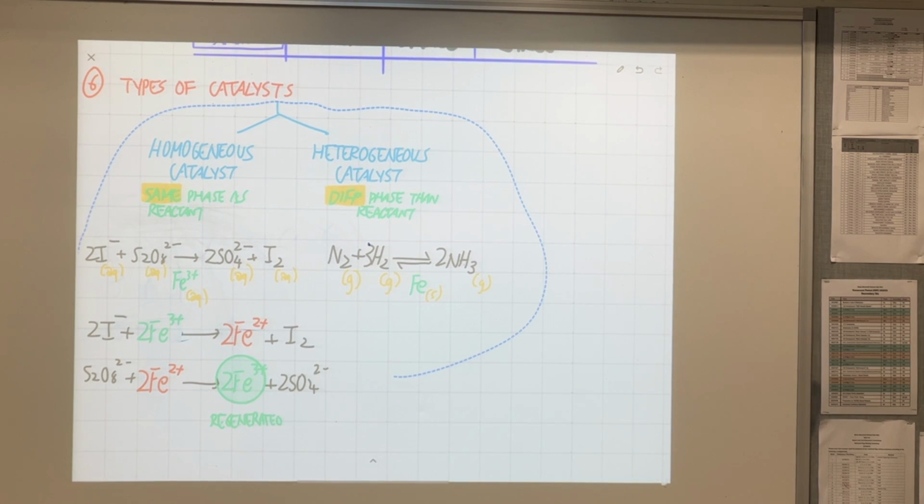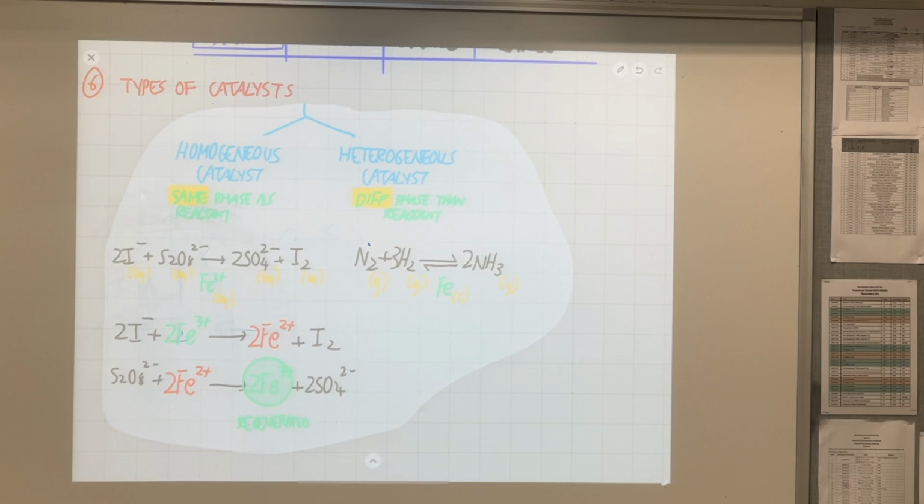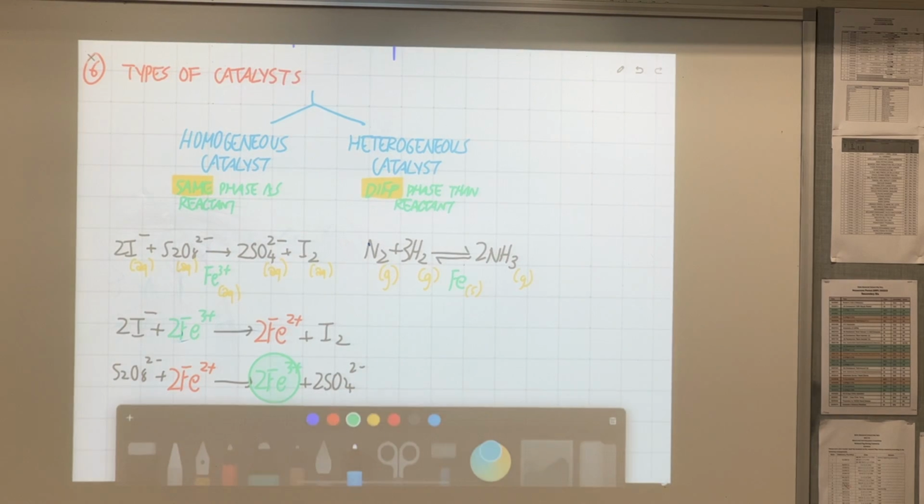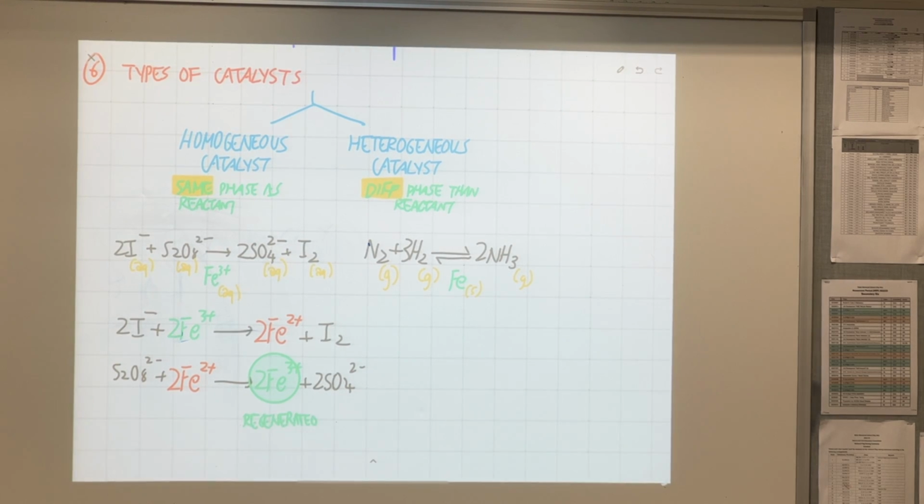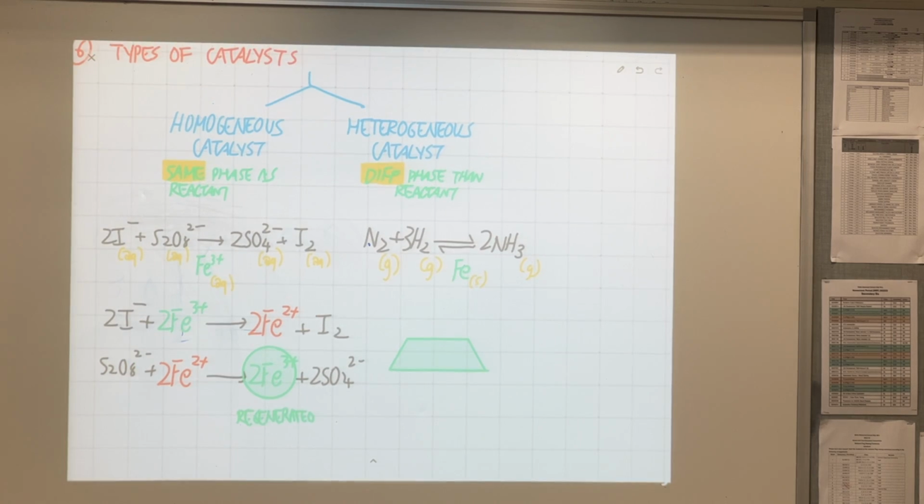So on the right, I want you to draw a trapezium, like this. This is iron. How do heterogeneous catalysts work? They provide a surface, a platform for the reactants to come.